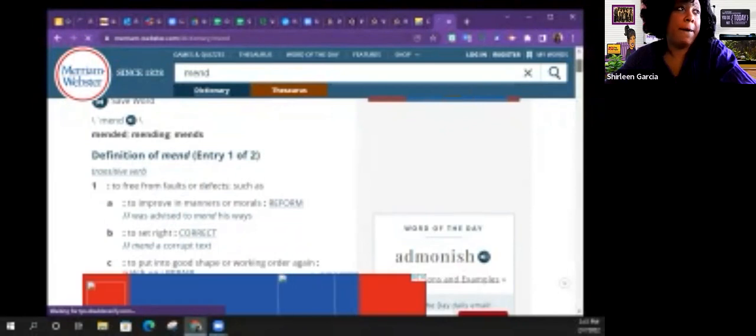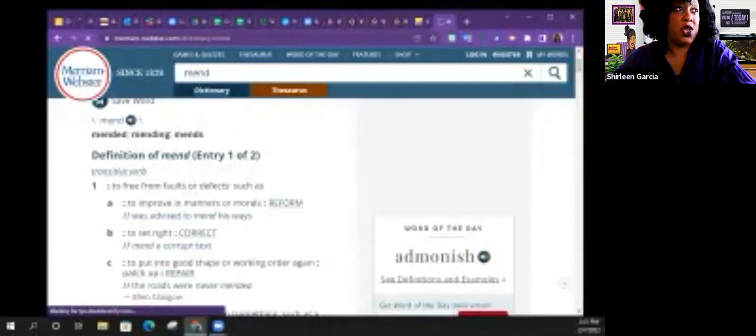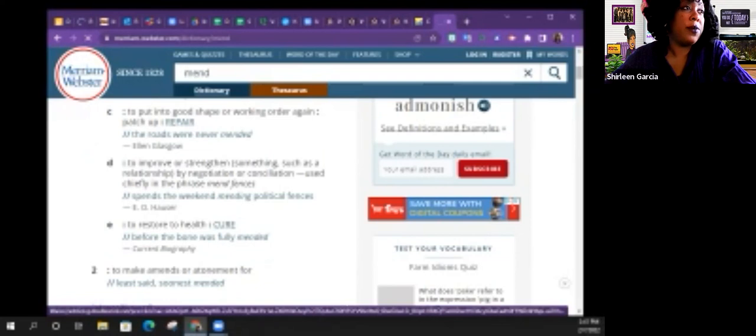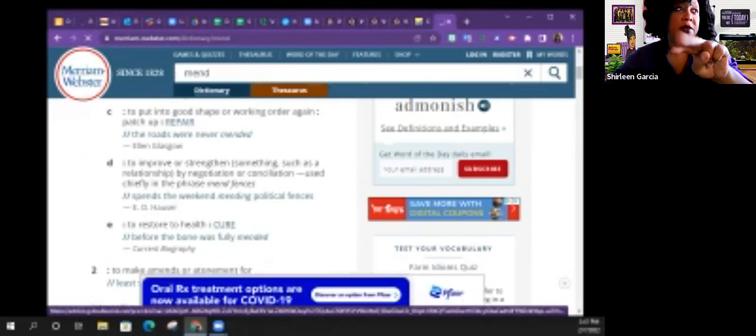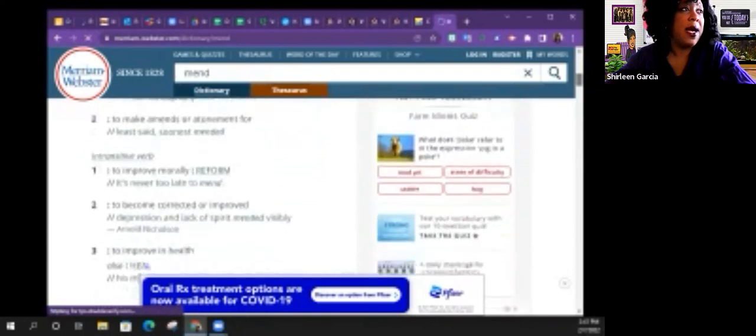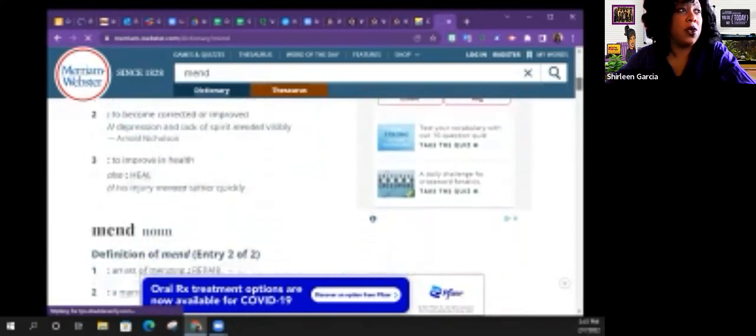Okay. So again, it had the 3 definitions, 1, A, B, and C. It had the italicized words, which show it being used in context. Oh, this one has 2 definitions, and instead of A, B, and C, it's showing a D and an E. So that one little one-syllable word, mend, has all of these ways you can use it.